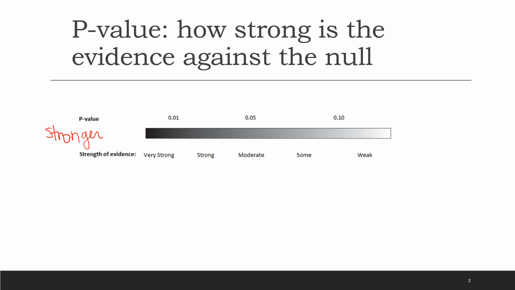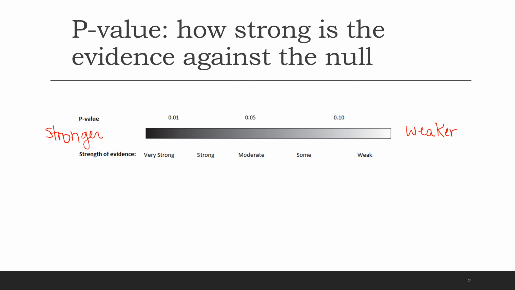On the other hand, when we have a larger p-value, that gives us weaker evidence against the null hypothesis because it's an indication that the sample data are not unlikely to have happened if the null hypothesis were true, or that they are consistent with the null hypothesis. So smaller p-values are stronger evidence against the null hypothesis.